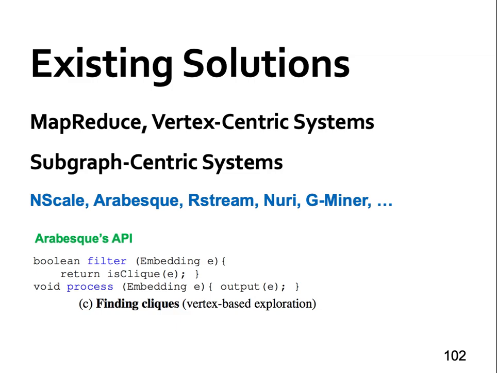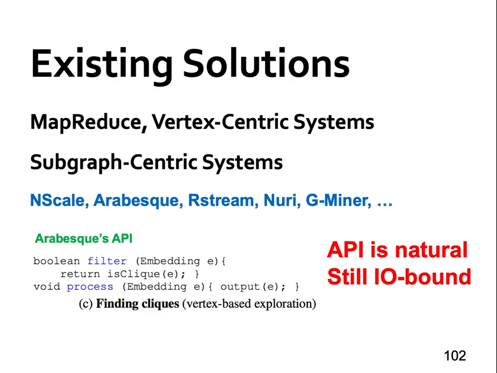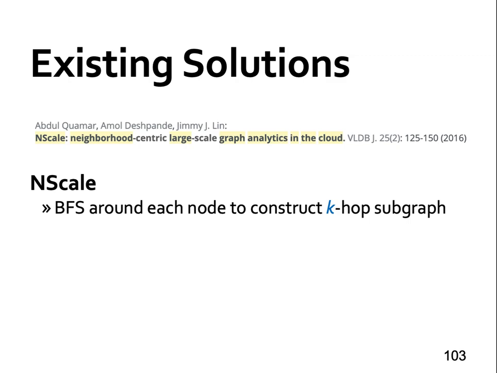Recently, a number of systems were proposed for graph mining based on the idea of subgraph-centric programming, which is more intuitive for programming dense subgraph mining algorithms. However, they only address the programming friendliness issue, but not the low efficiency issue, as their execution engines are still I/O-bound. Gsynchro is the first work in this direction, which constructs candidate subgraphs to mine upon around each vertex using k iterations of breadth-first search.